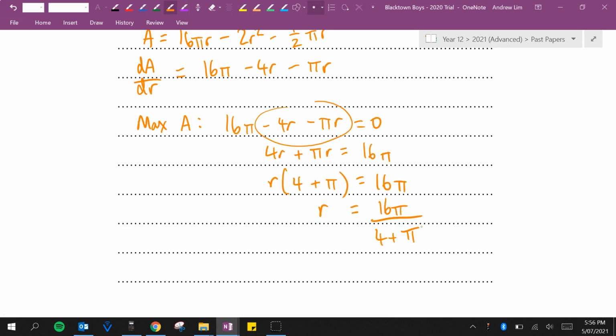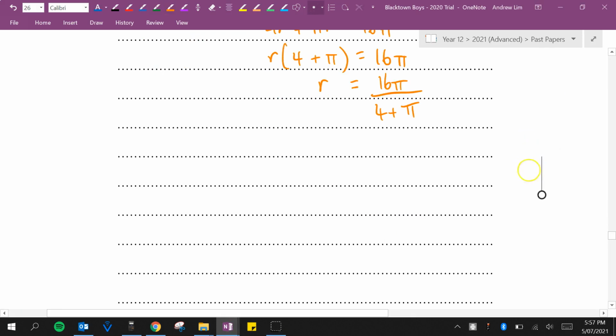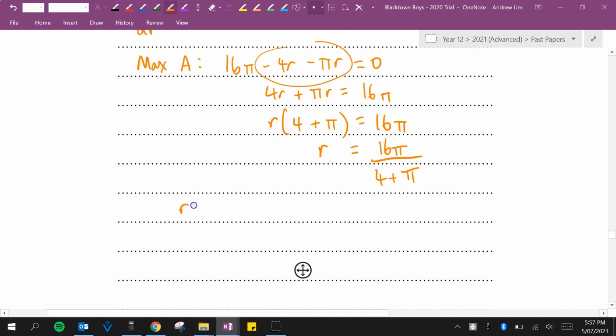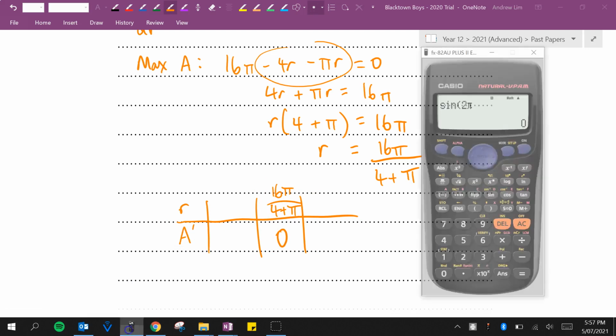Now, let's just double check this. Make sure that this is correct. We just want to make sure that this is a maximum and not a minimum area. So what I'm going to do is create a table of values for r and A dash. So we've got 16 pi on 4 plus pi. I know A dash will be 0 for that, so I'm just going to put that in there.